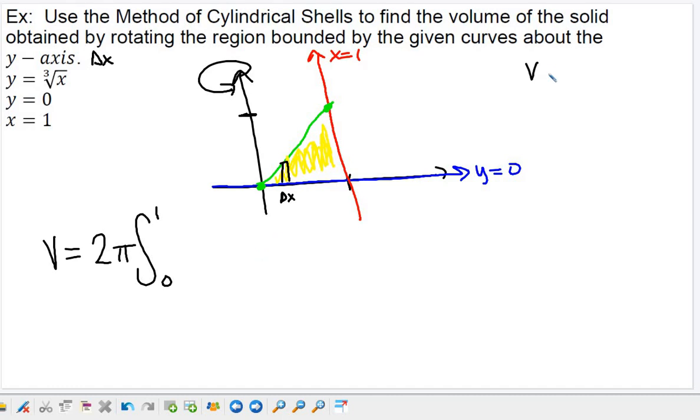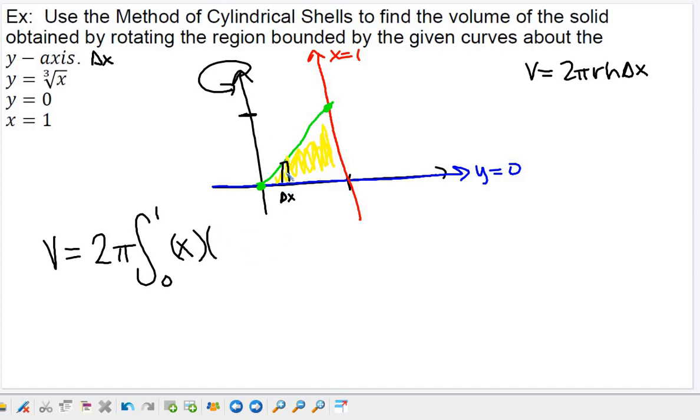Okay, so remember it's 2 pi r h delta x, right? So 2 pi. My radius is my x value. So from here to here is my radius. Whatever that x distance is from 0, that's my radius. My height is to this function.